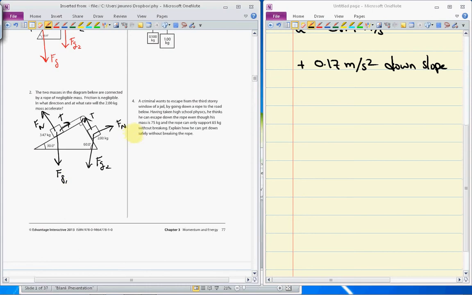Let's put these in here. Just like that. Make the assumption. Let's assume that it will accelerate up the slope. That is, up this slope.